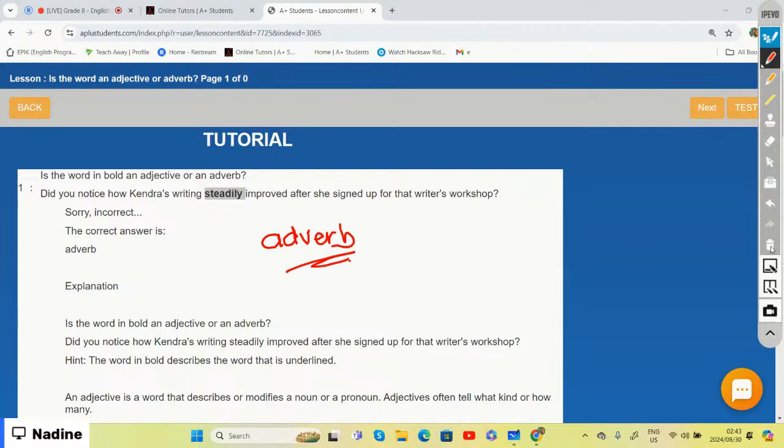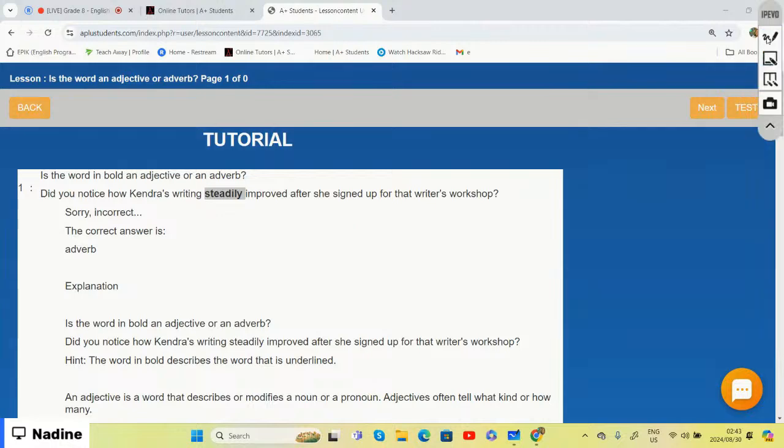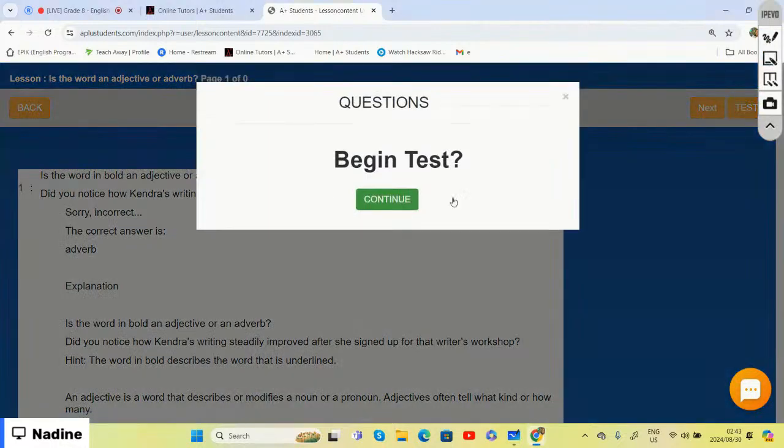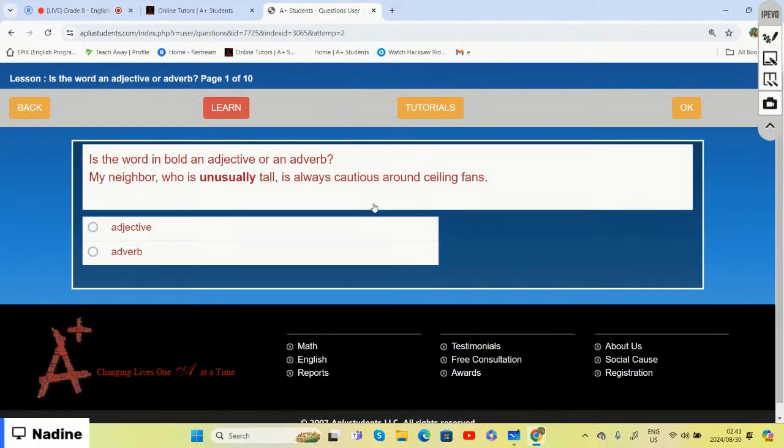All right. So now let's go to our test where we are going to either choose or say if the word is an adjective or if the word is an adverb. It says, is the word in bold an adjective or an adverb? It says that my neighbor who is unusually tall is always cautious around ceiling fans.